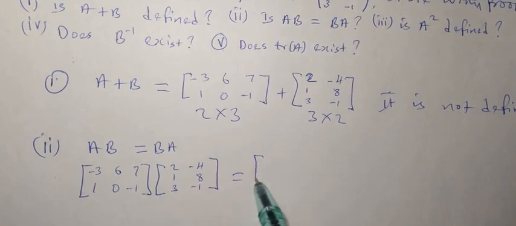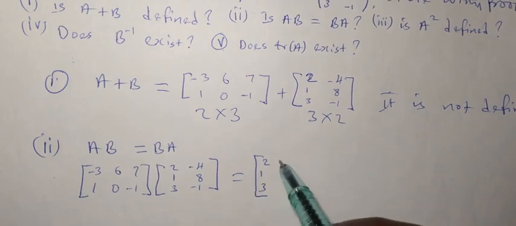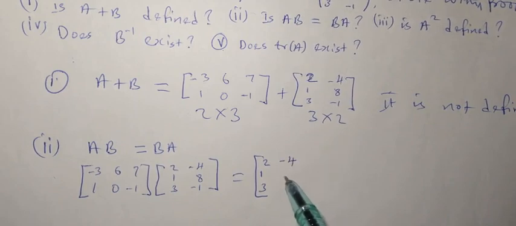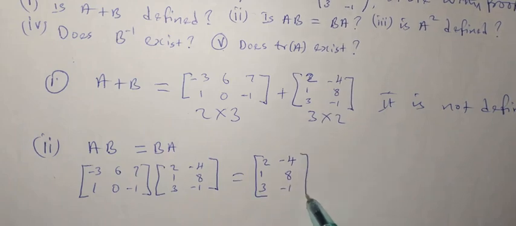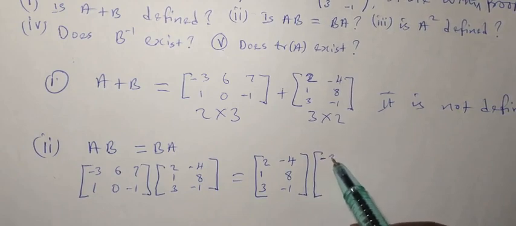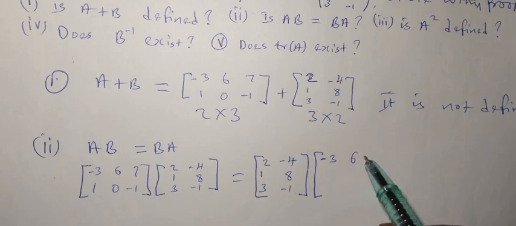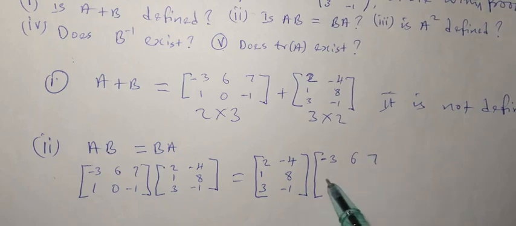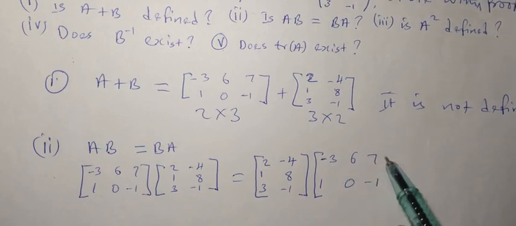For B times A, the order changes: 2, 1, 3, minus 4, 8, minus 1, followed by minus 3, 6, 7, 1, 0, minus 1.